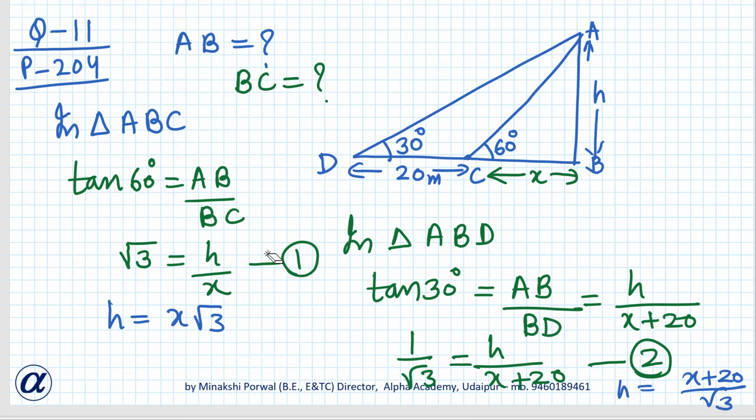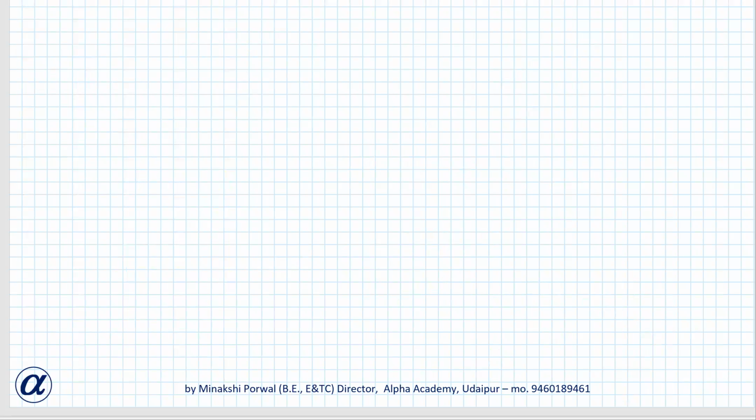Equating 1 and 2, both are H only. So X√3 equals (X plus 20) upon √3.